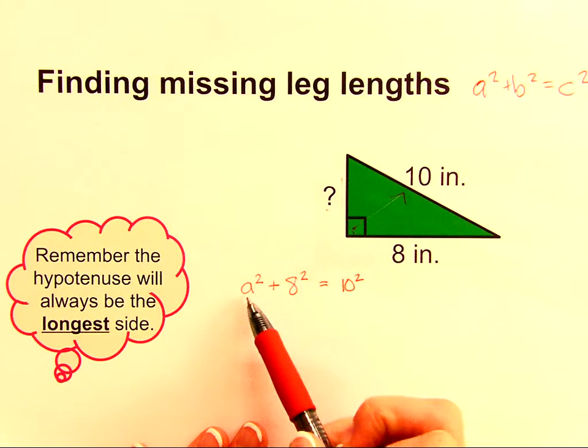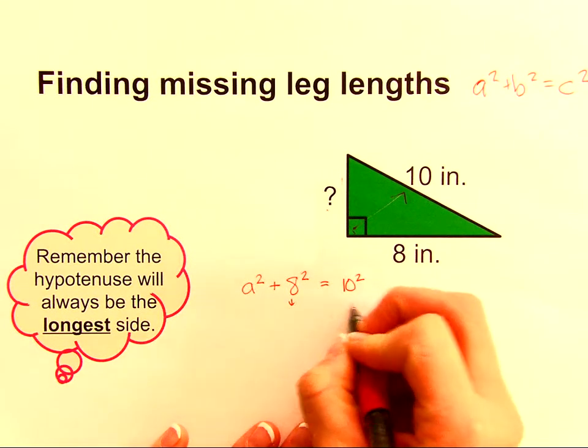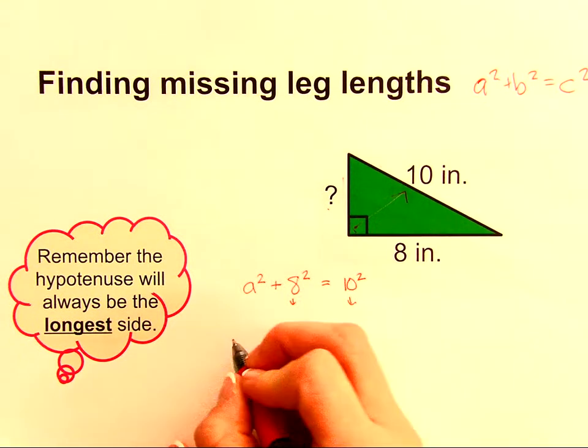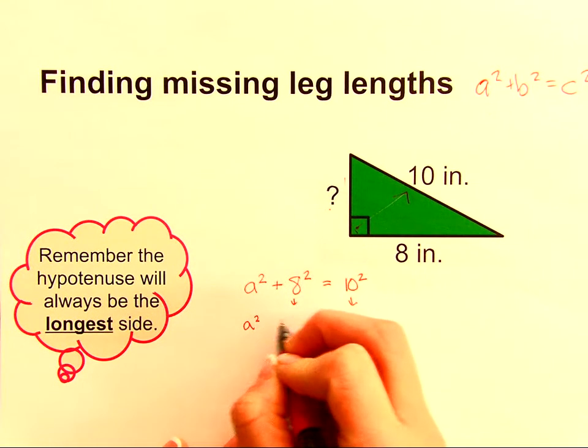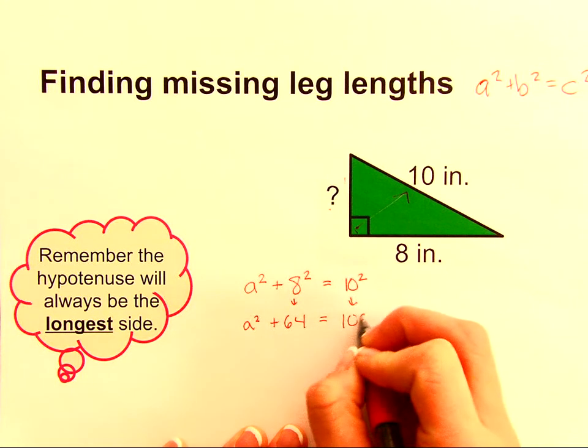So right now we only have one unknown, which means we can solve for it. We have to solve the equation. The first thing we should do is actually square these numbers. You can use your calculator, or if you know them in your head, you can just do that as well. So a squared plus 64 is equal to 100.